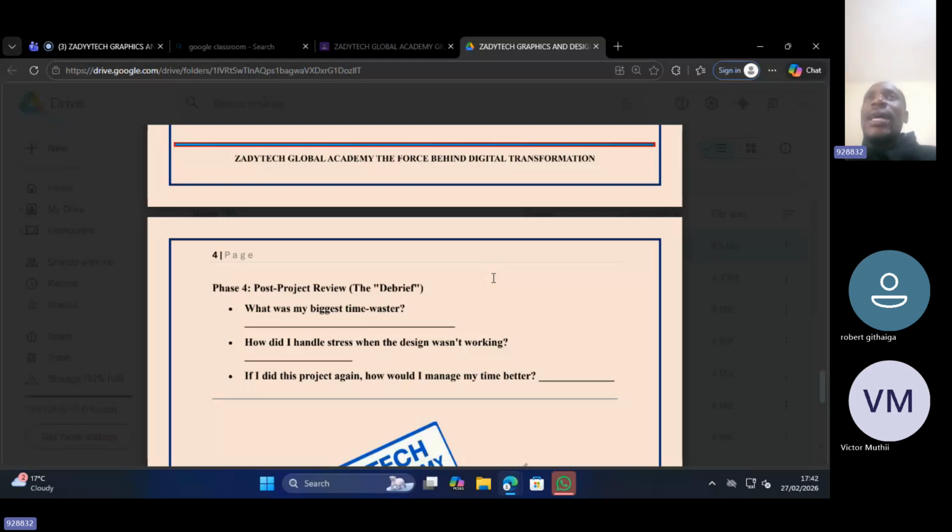What did you feel you wasted time on most when you were designing that logo, that flyer, that header? That's the question you should ask yourself. You go through your document, your graphics, your work, and do the review part so that you can have what is called self-reflection, so that you can adjust in the next design.